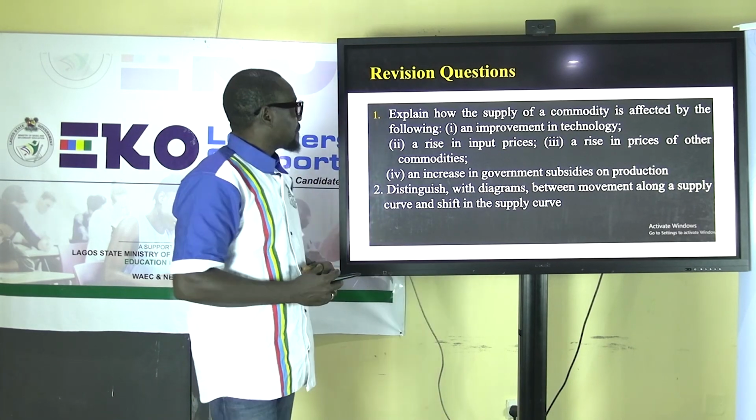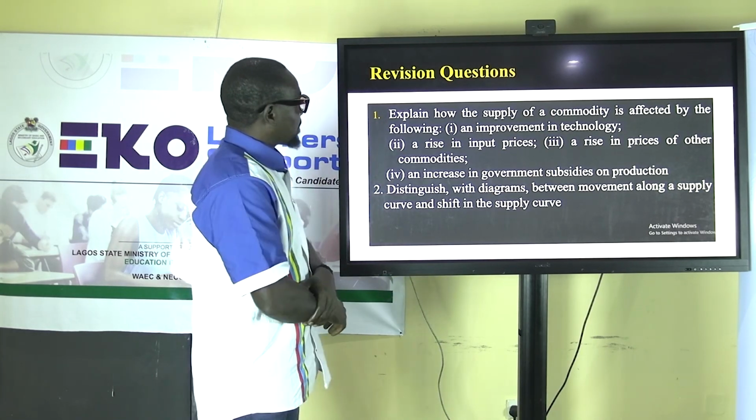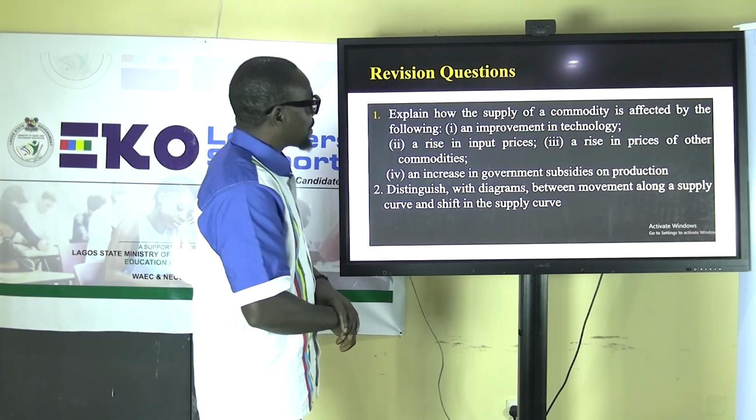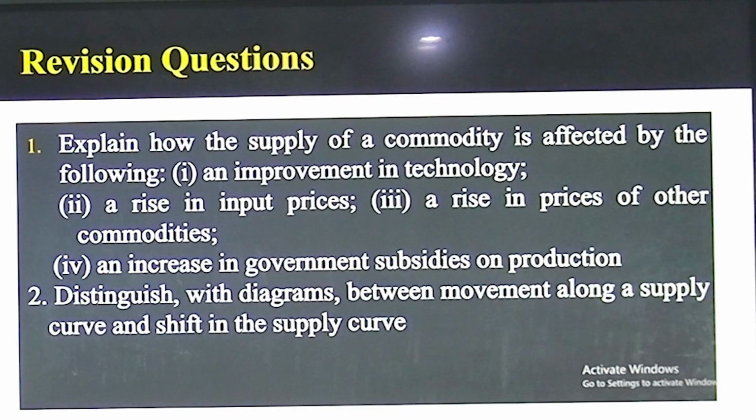Welcome back. Question number 1 asks us to explain how the supply of a commodity is affected by the following: 1, an improvement in technology; 2, a rise in input prices; 3, a rise in prices of other commodities; 4, an increase in government subsidies on production.